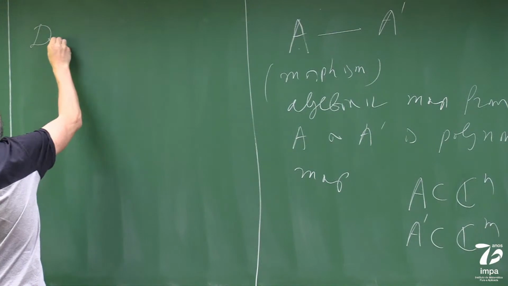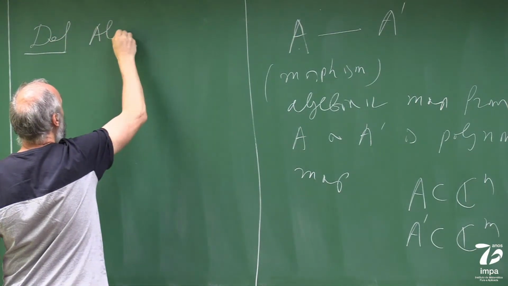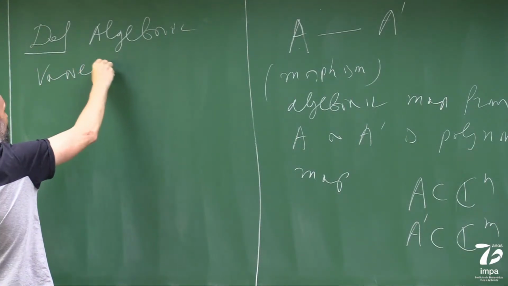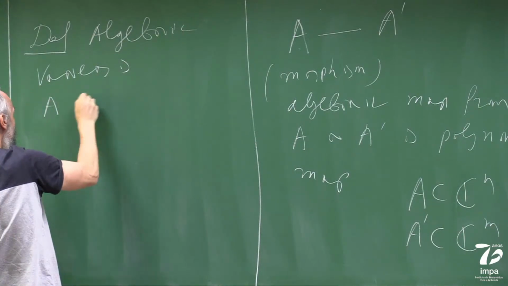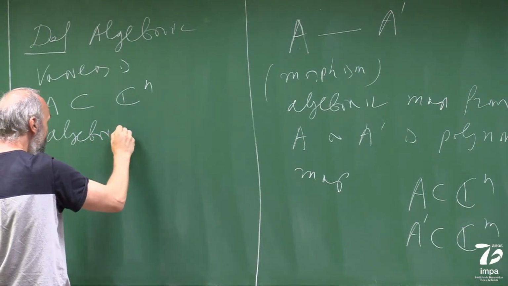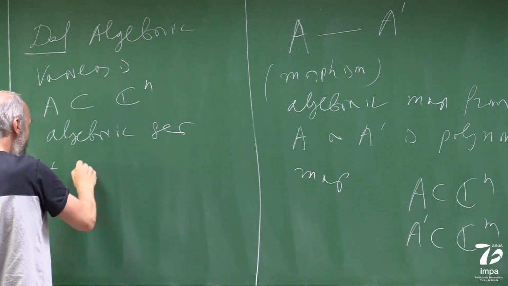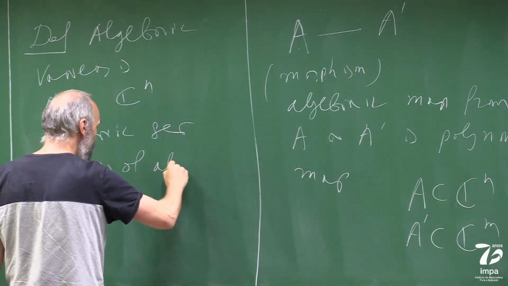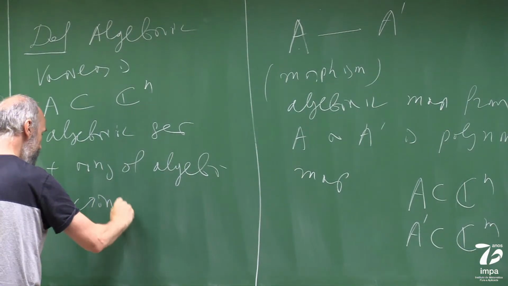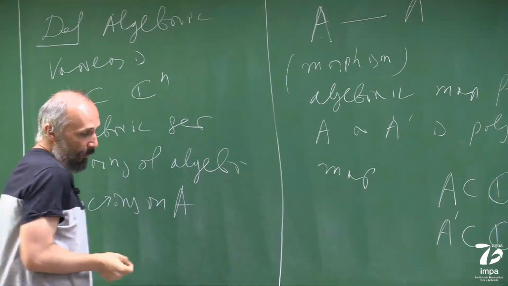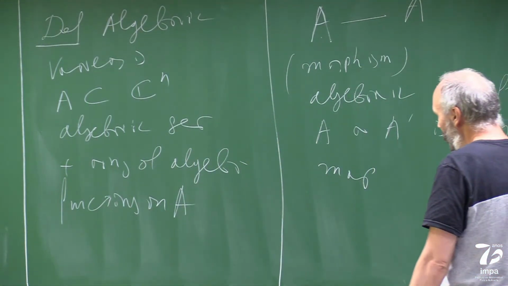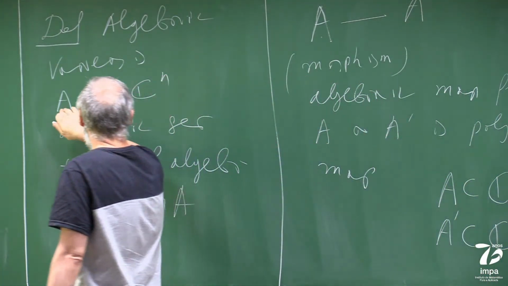So, definition: an algebraic variety is a subset of Cn, an algebraic set, plus a ring of algebraic functions on A. Well, you can consider just a subset of Cn, but the interesting thing is that you can forget that it sits in Cn.